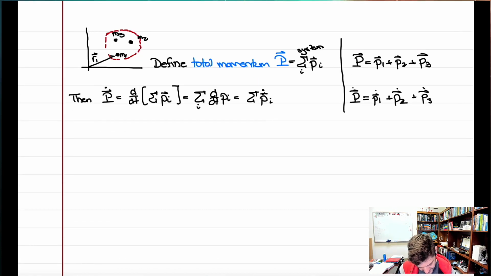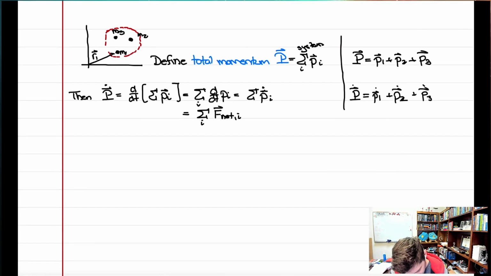So in this case, this is the sum of, and every p dot is actually the net force that's acting on particle i. So in this case, this is F net 1 plus F net 2 plus F net 3.